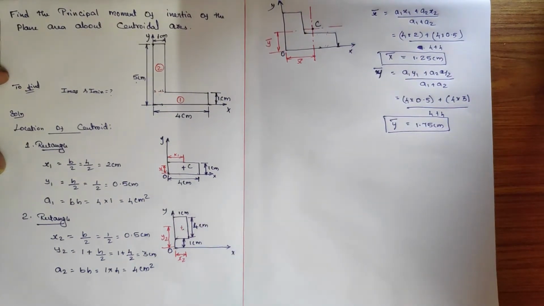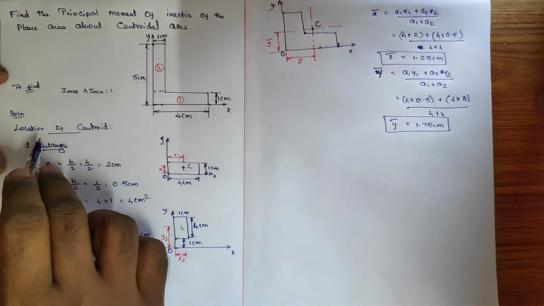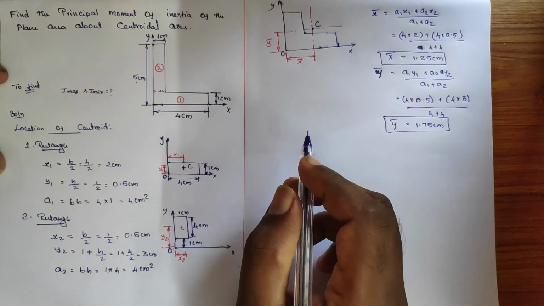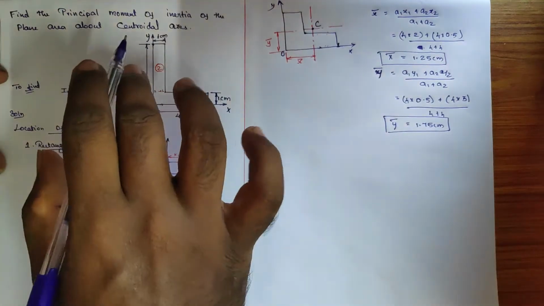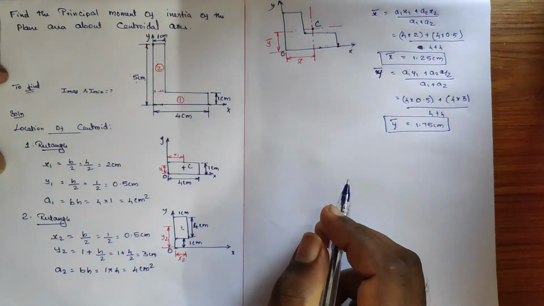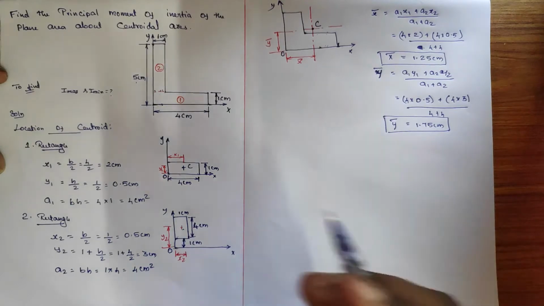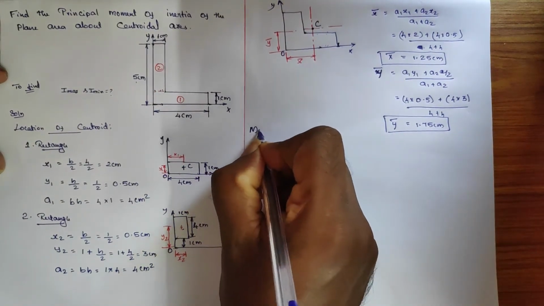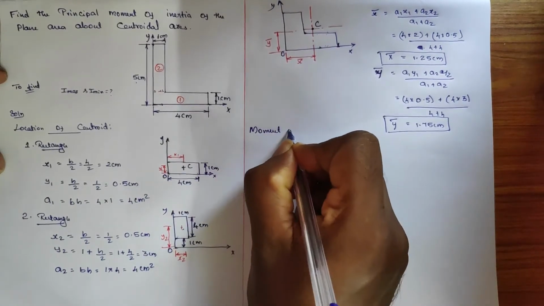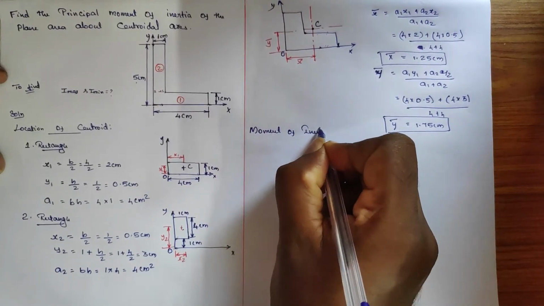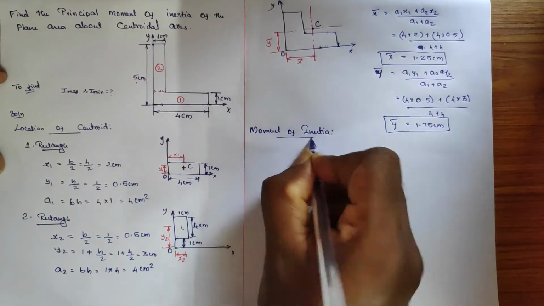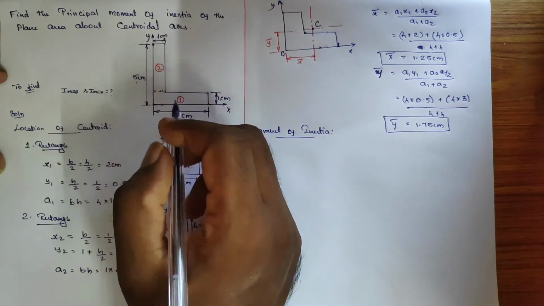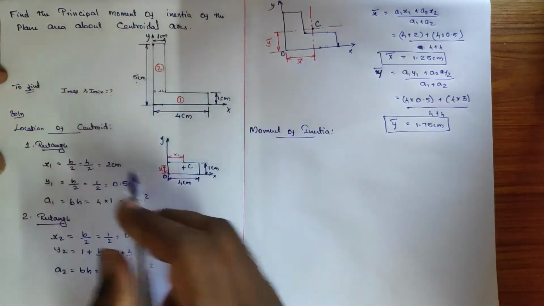Okay, what is the next step? After identifying the location of the centroid, we must identify the moment of inertia for the L-shaped structure. Okay, for that, let me write down moment of inertia. The next step is moment of inertia. So here we are going to identify the moment of inertia for the total section.